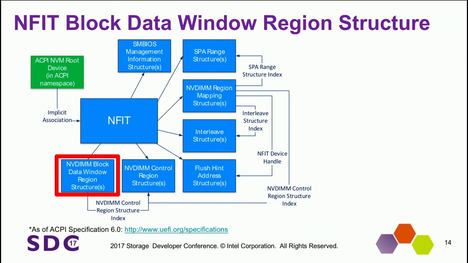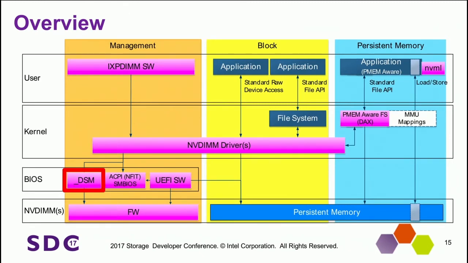Now, drivers can implement this directly. They can call firmware control interfaces, which are described in the NFIT. However, this is highly vendor and firmware specific. Therefore, the platform firmware BIOS also helps us abstract this communication mechanism by implementing what's called device-specific methods, or DSM.